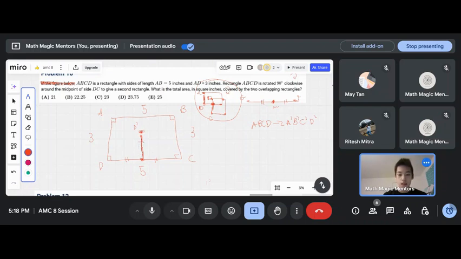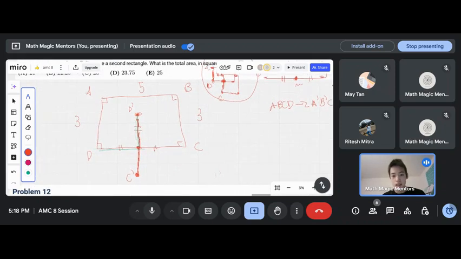This green segment corresponds to this green segment. It's just rotating 90 degrees, that's what the problem tells us. So this is going to be C prime, and this segment CD is going to stick out vertically.